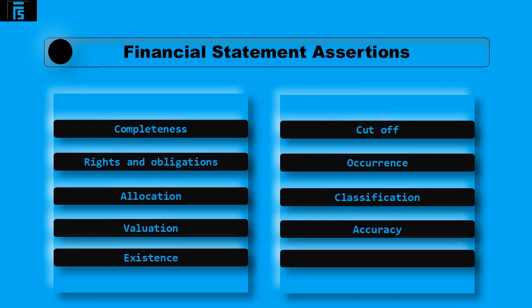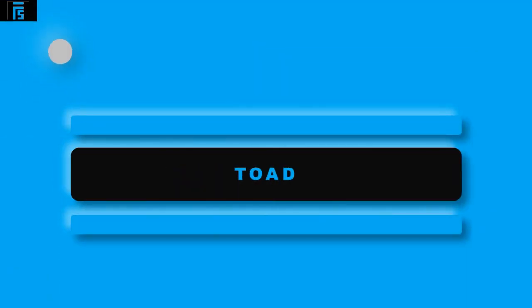There are many examples of practical substantive tests. We are going to discuss a few for each area of the financial statements you would typically see in the exam. This will give you some specific practical ideas you can use. Before we do this, there are some things you could do for any balance. Some ideas can be remembered using TOAD.